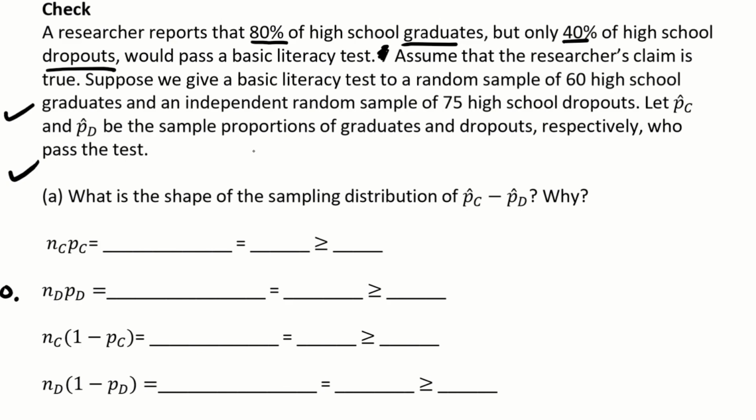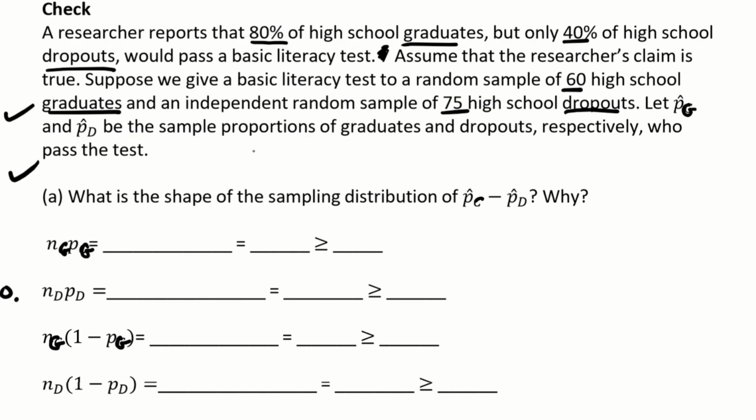Let p hat, this should say G for graduate, so not C, so I apologize for that. So let's go ahead and change that. So this is going to be G, G for graduate, and D for dropout. Okay. All right, so what is the shape of the distribution of p hat G minus p hat D, and why? So let's use the large counts condition. Let's label what we know.